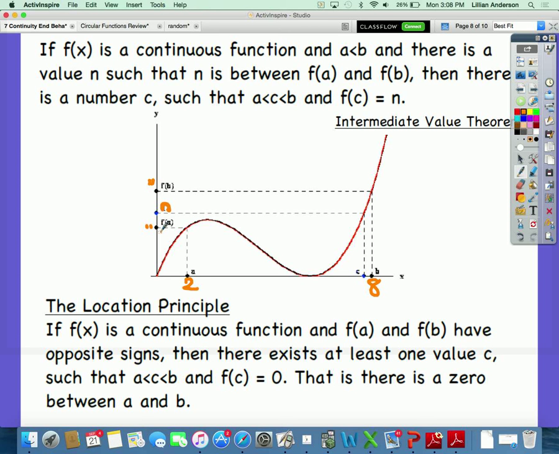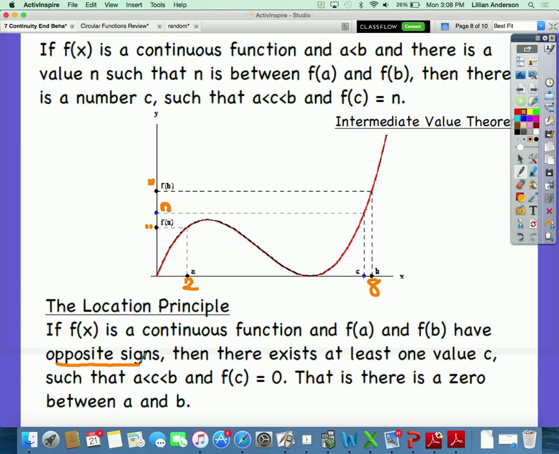that if f of a and f of b have opposite signs, if one's a positive and one is a negative, then there is at least one value c, in between a and b, where f of c equals 0.